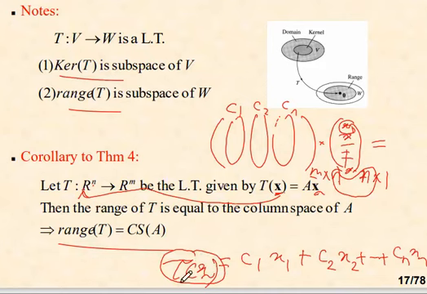The image of x is an element in the column space of A. So this is a linear combination of the columns of A. So x is a general element in Rn, and this could be expressed in terms of the columns of A. Therefore you can show the range is the column space of A. Does it make sense? I think it makes sense.